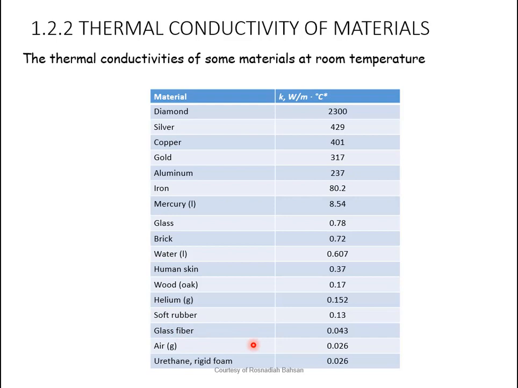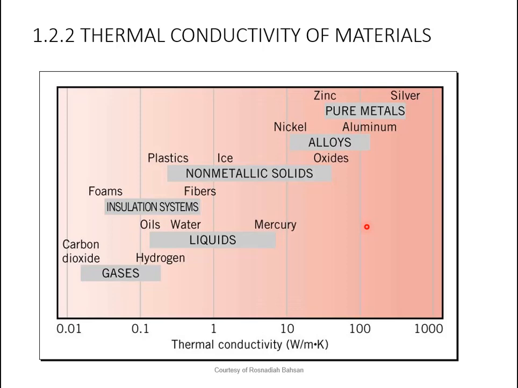Glass fiber is also used as an insulator because its thermal conductivity is very low. Brick is only 0.72, and glass is 0.78. So this is the thermal conductivity of materials.